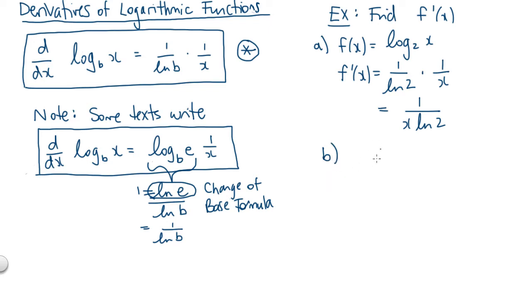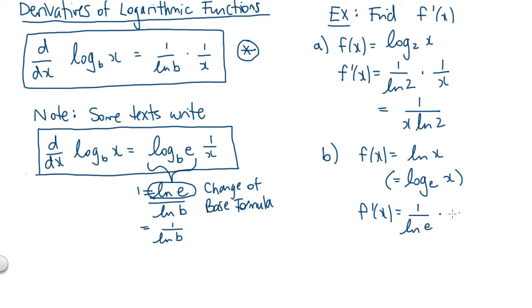For part B, let's say now our function is ln x. So it's important to remember here that ln is just another way of writing log base e. So we're really looking at log base e of x. And when we go to take our derivative, we're going to go 1 over ln of our base. So 1 over ln e times 1 over x.